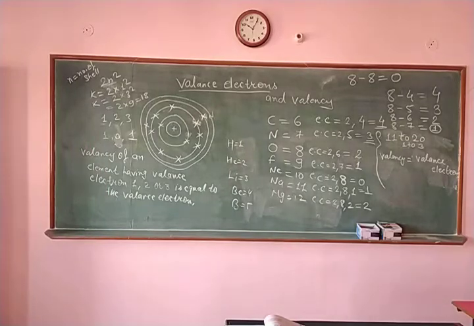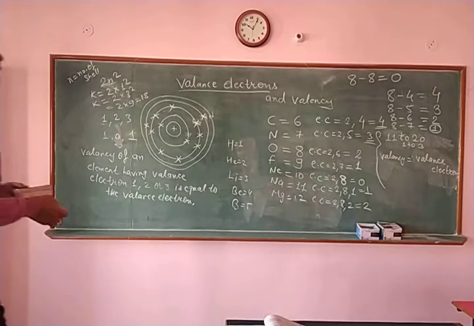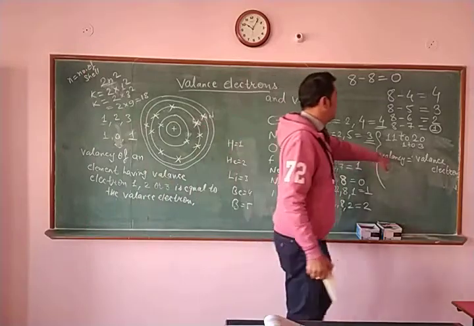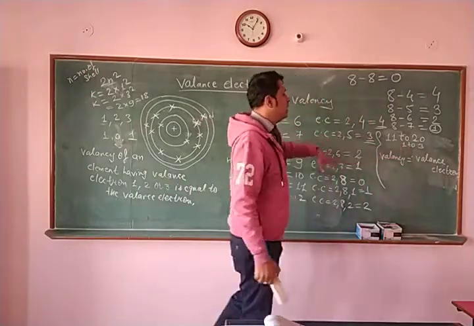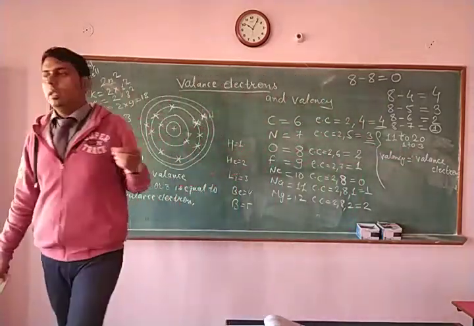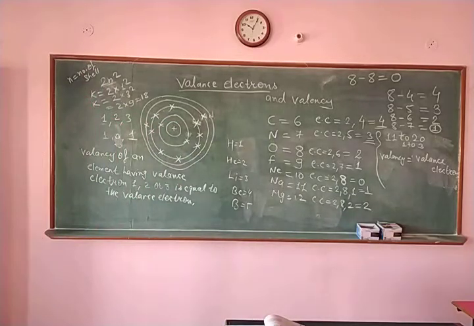In the same manner, find out the electronic configuration for the different elements up to 20, and that is how we can find the valency. The valency is equal to the number of valence electrons, the electrons left in the outermost shell. They will easily lose 2 electrons rather than accepting more electrons.